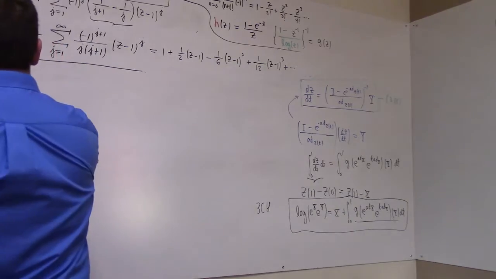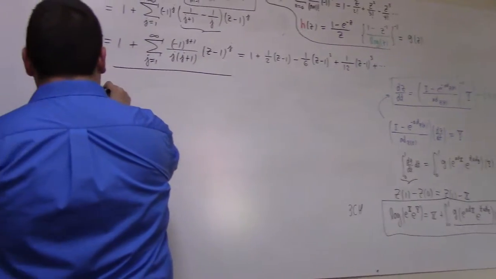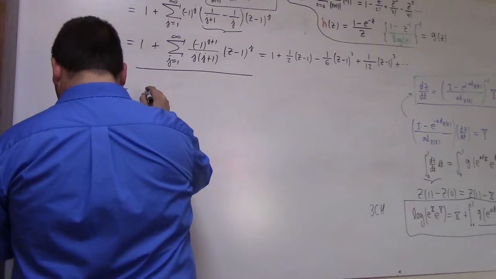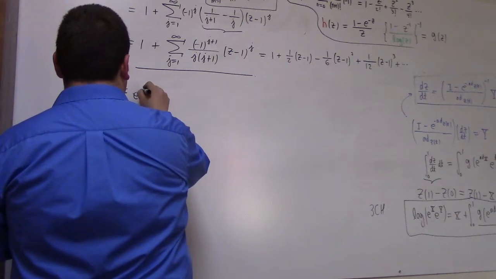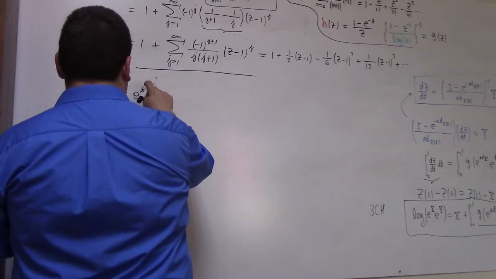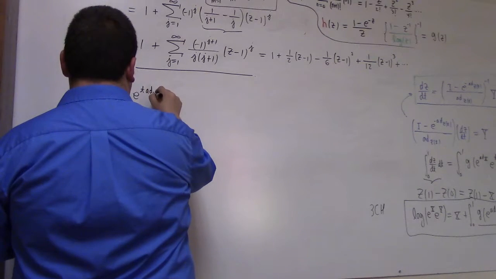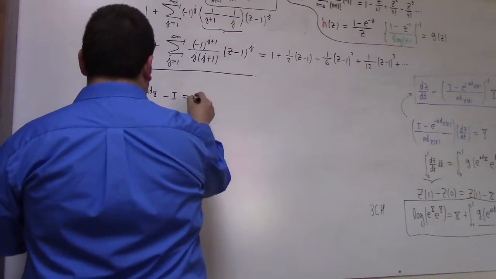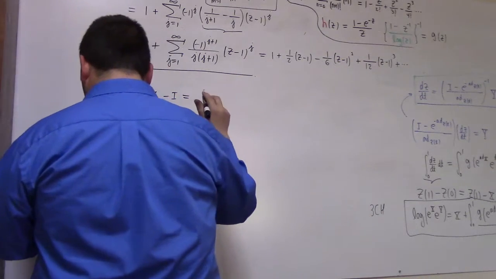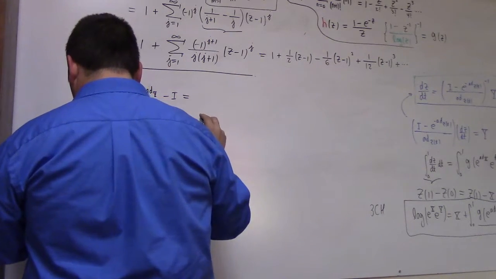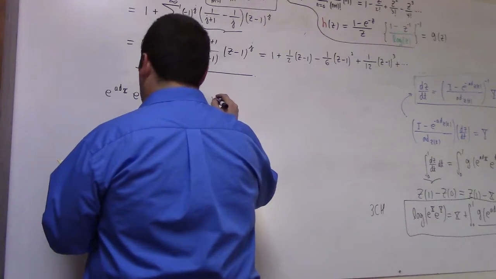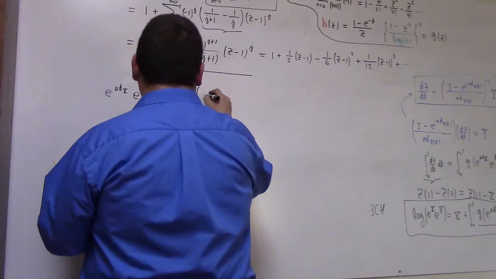E to the ad x, e to the t ad y, minus I. So the i's cancel. Well, fine, I guess he doesn't write it that way, but sorry, we'll try not to be distracted by them.